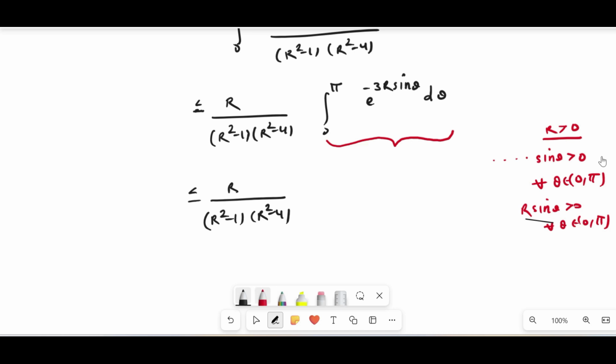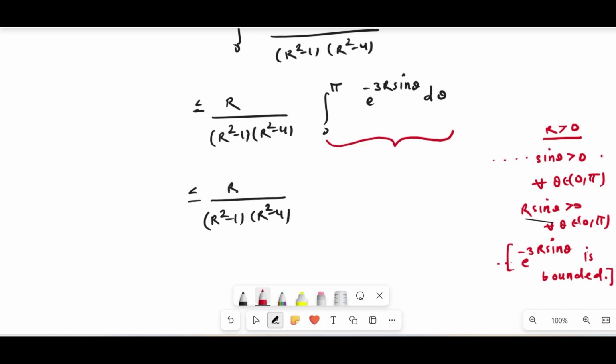So we can write that e to the power of negative 3 times r sin theta will be bounded. The function is continuous and bounded, so the value of the integral over the bounded region will be bounded.